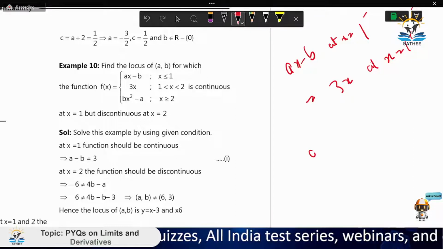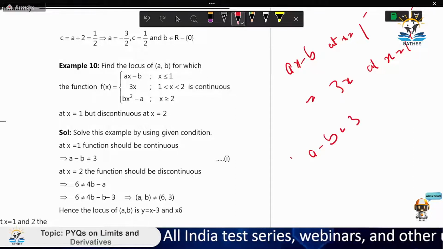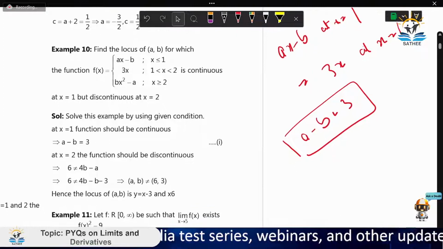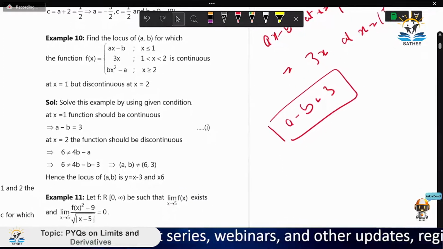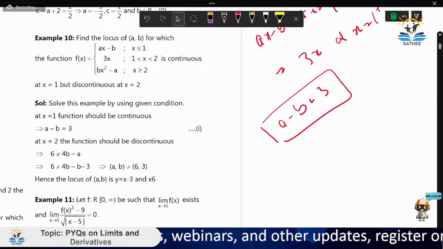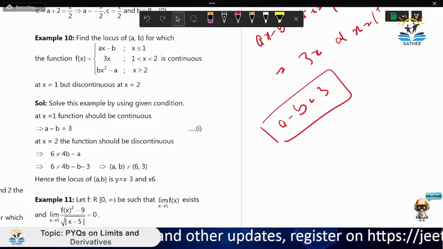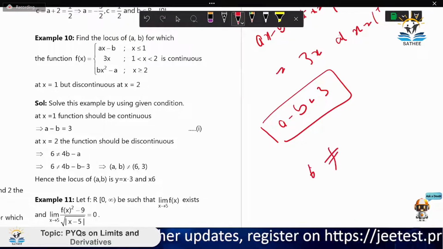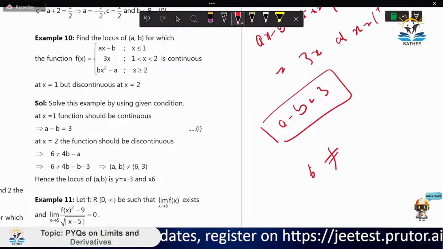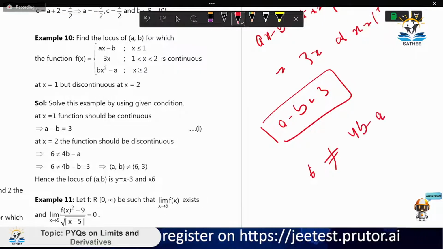Positive. So a minus b should be equal to 3. One condition I have, and the other is 6 is not equal to 4b minus 1.